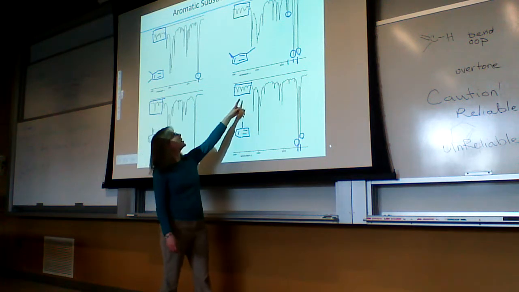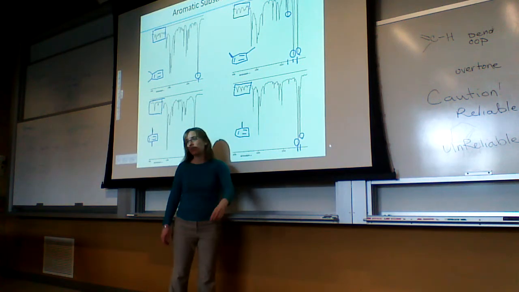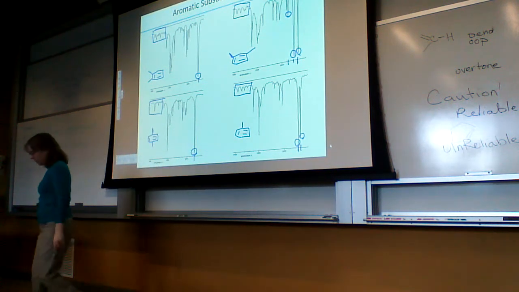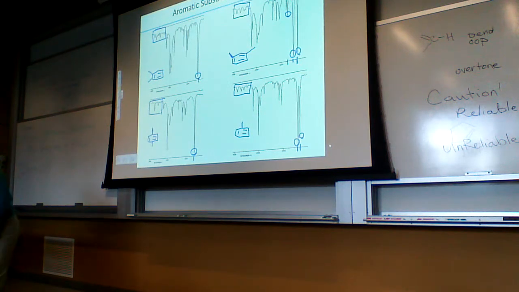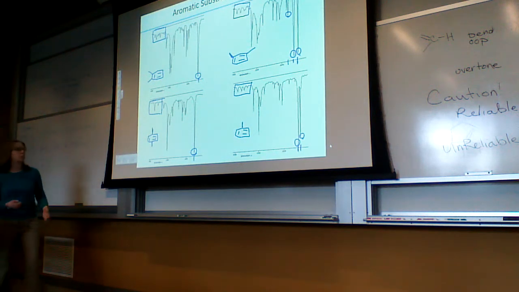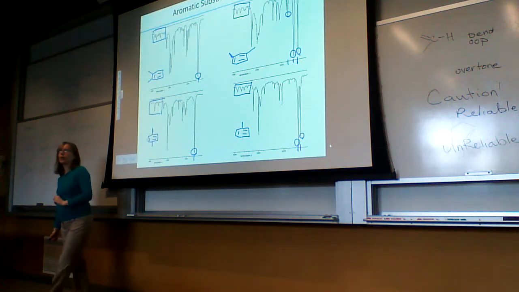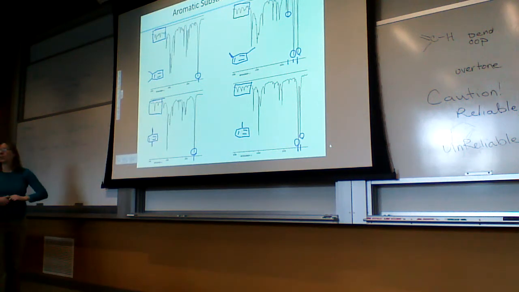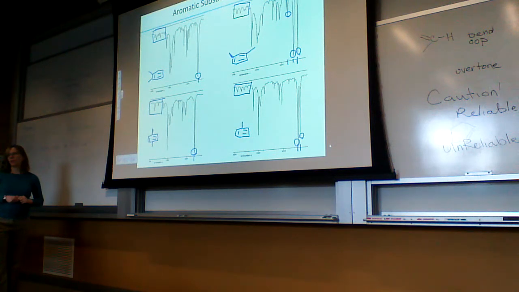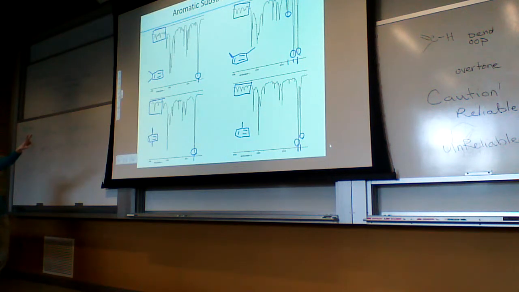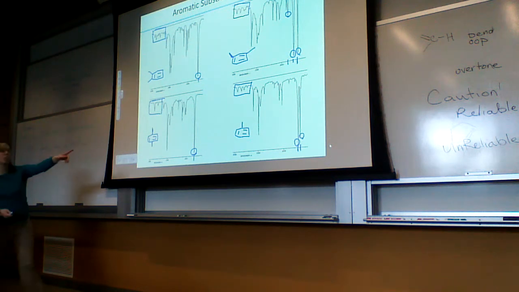There's not much of that in the mono substituted. Yeah, you're right, these patterns here can be very close and difficult to interpret. So you have to do your best, and maybe you can only narrow it down to two options. Maybe you can rule out the para and the ortho, but you can't quite narrow it down completely. Okay, and then after that, would it just come down to maybe if you have the molecular formula working with it? Well, on this one, yes, but let's say we had an ethyl group here.